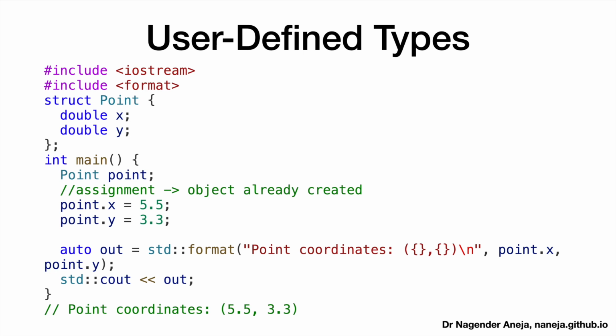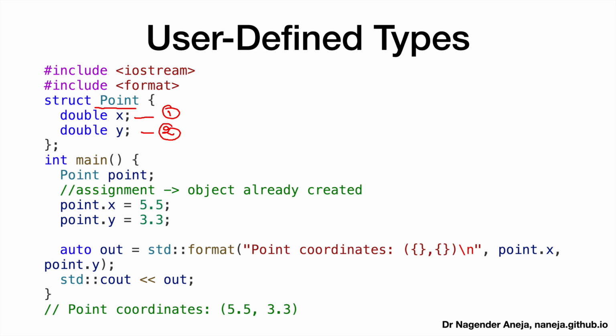Let's see another example. Point, as we know, if we consider two-dimensional, then the point is represented by the two axes, x-axis and the y-axis. So each point has two numbers. One is associated with the x and other is associated with the y.